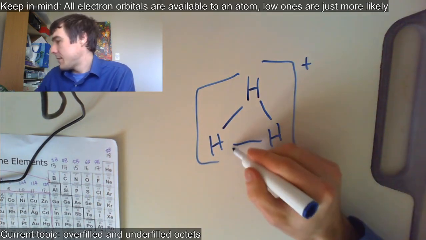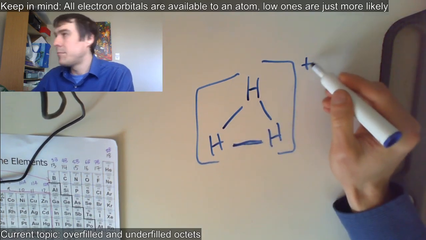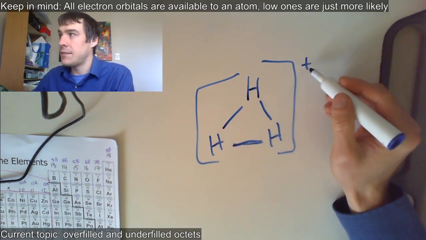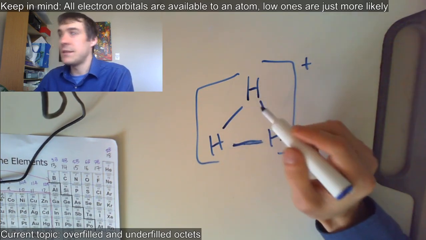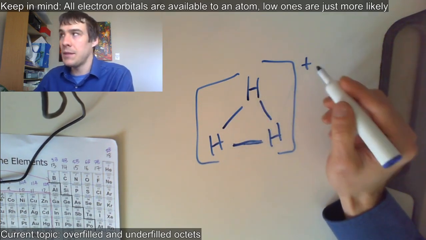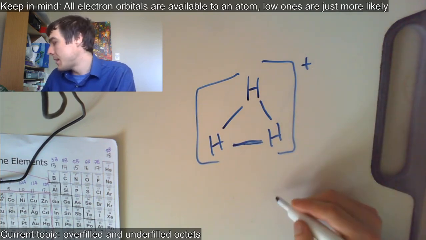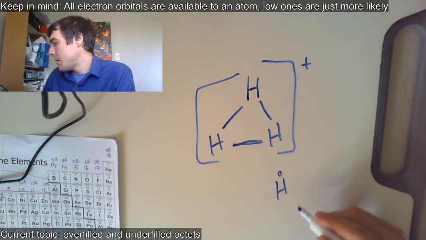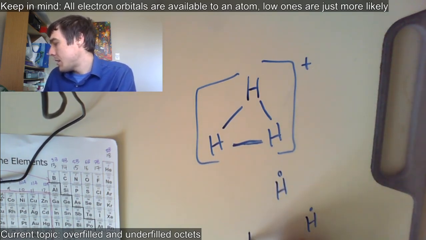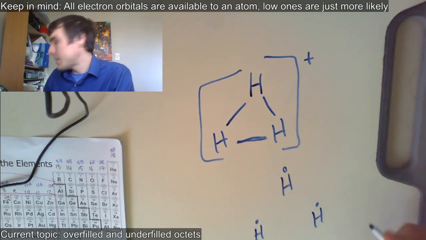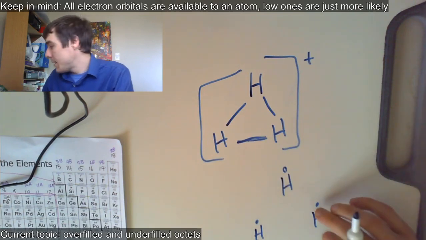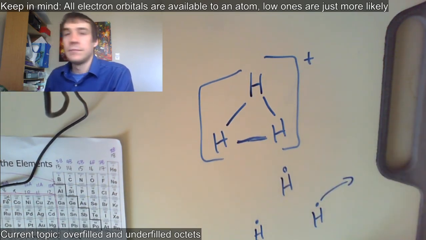It's got a charge of +1, and it's got 3 hydrogens and 3 bonds in a triangle. But if we think about what it means for a hydrogen with a +1, to get a charge of +1, which we do observe, that means one of these electrons had to leave.